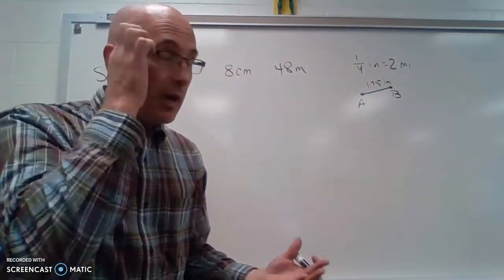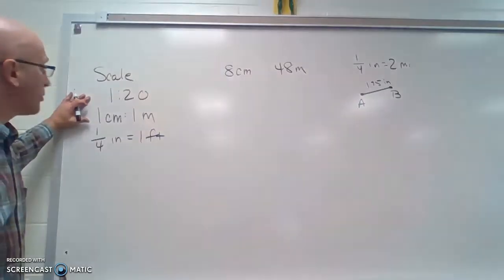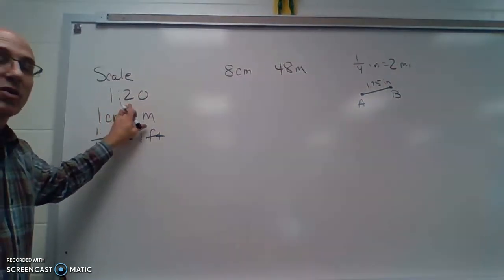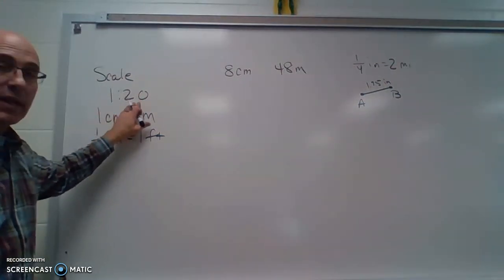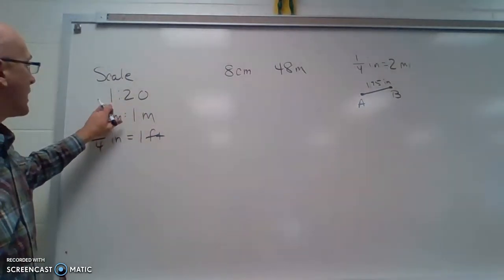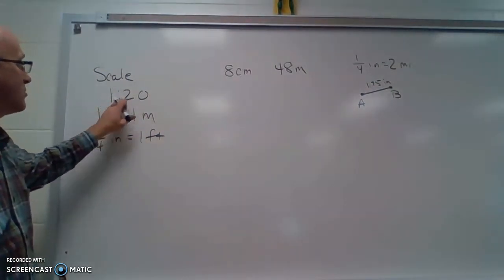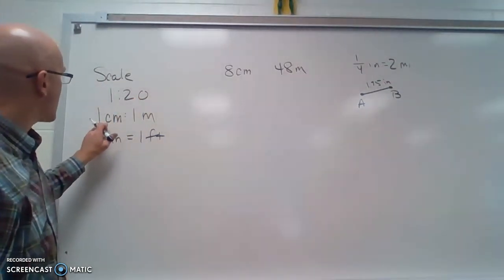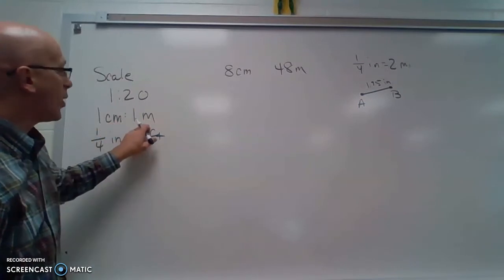So some examples of scale are here: 1 to 20. So 1 unit to 20 units, whatever that might be. 1 inch to 20 inches means on my drawing, 1 inch represents 20 inches in real life. Here it might say 1 centimeter to 1 meter.